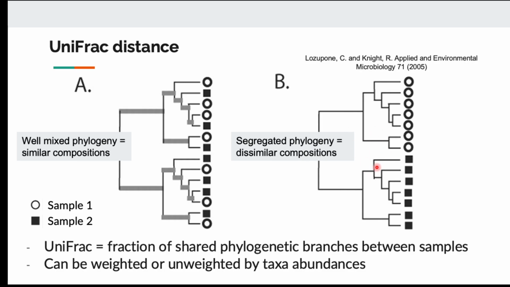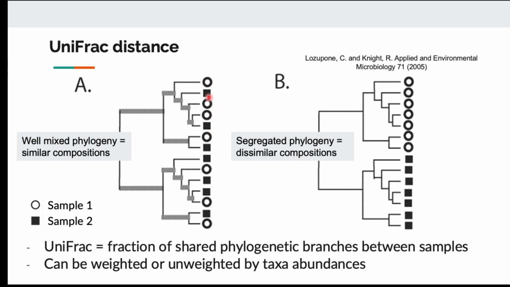In the example on the right, example B, none of the branches is shared between sample 1 and 2. Each branch only contains sample 1 or sample 2. But in example A on the left, almost every branch, if you look further down the line, is going to contain organisms from both sample 1 and 2.